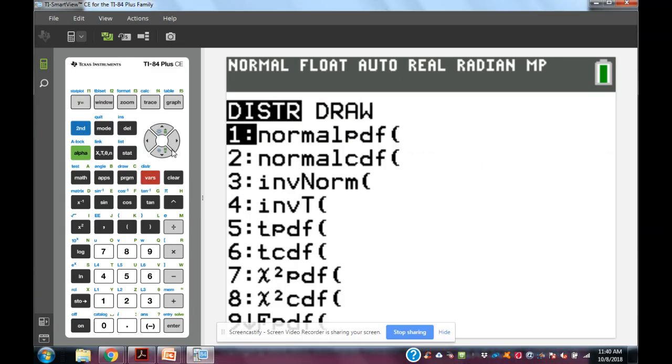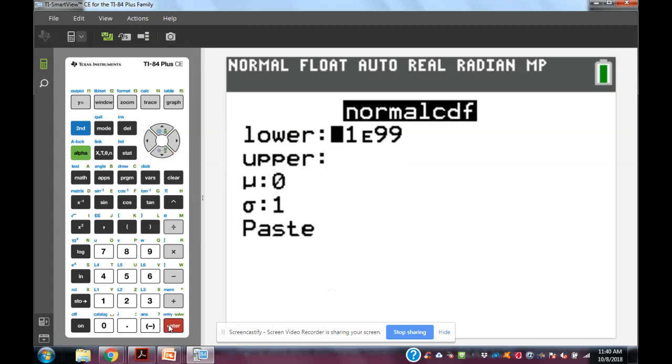Okay. So calculator. Distributions, normal CDF, our lower 156.25, right? Our upper 1E99. Our mean is 182.9, and that's the right number.